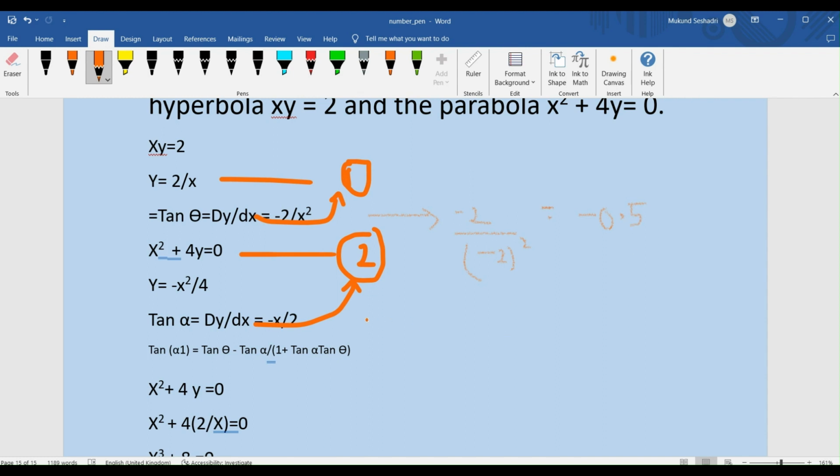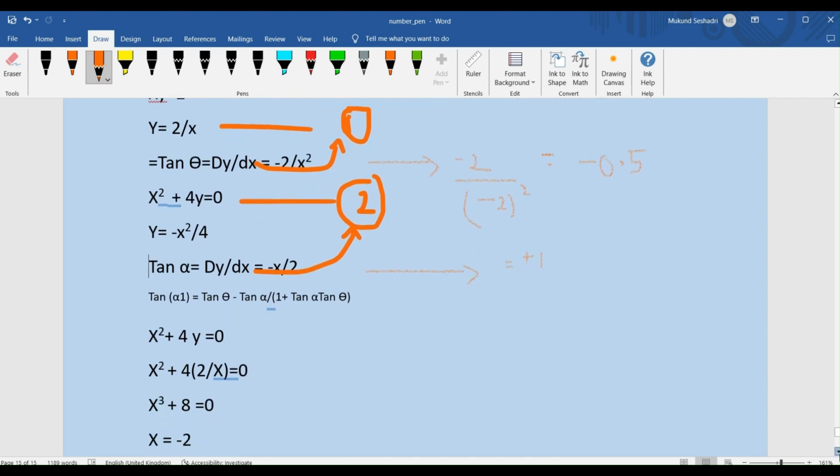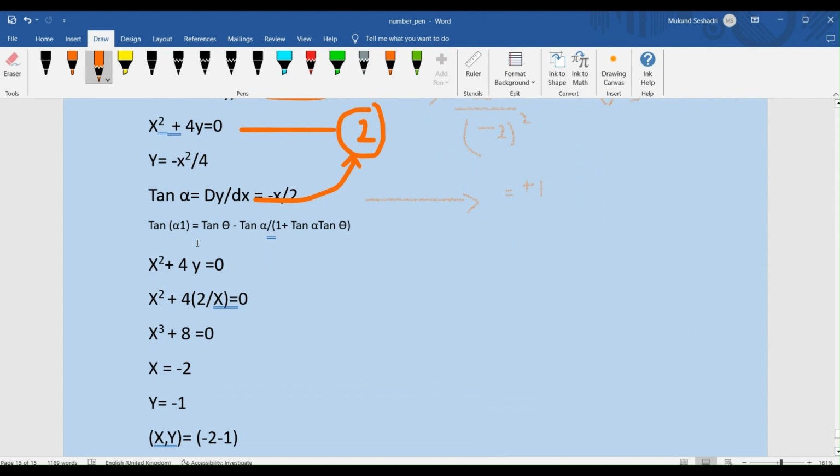And then I've got tan alpha, which is minus x by 2, which is plus 1 because x is minus 2. So we've got our tan alpha and tan theta, which is plus 1 and minus 0.5.